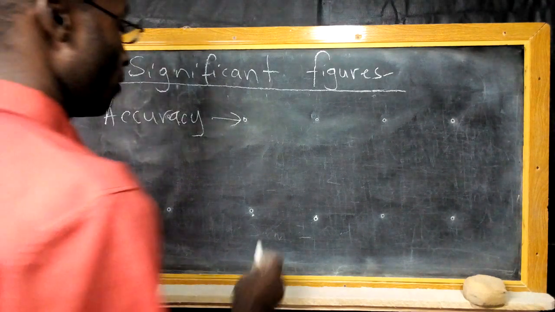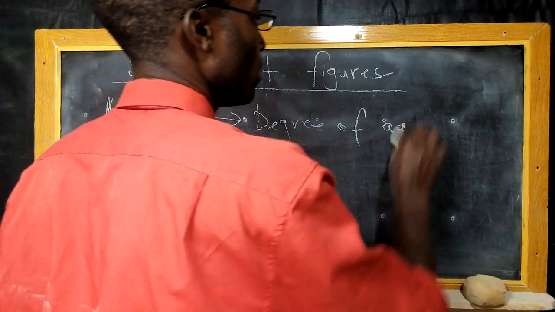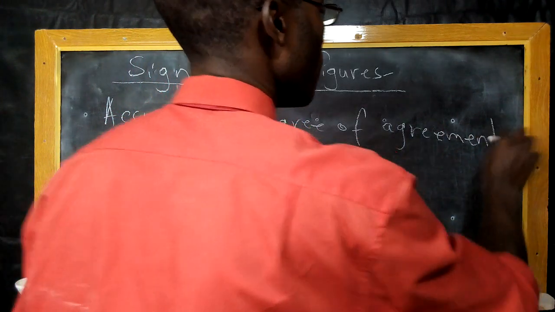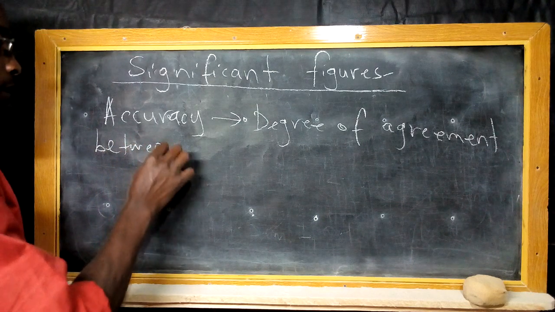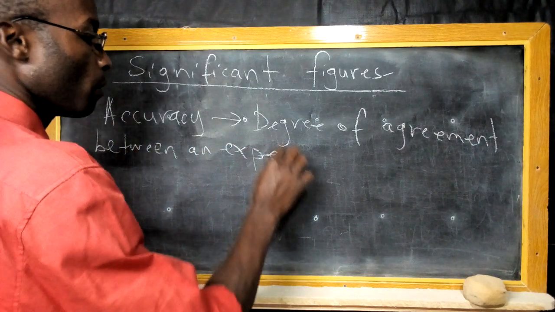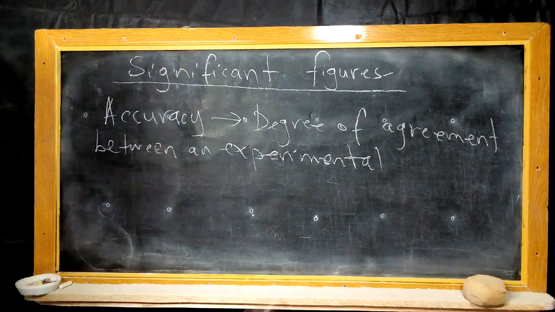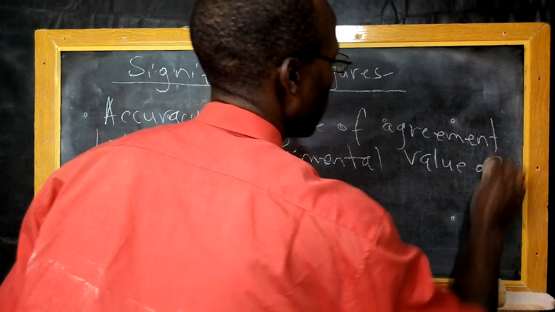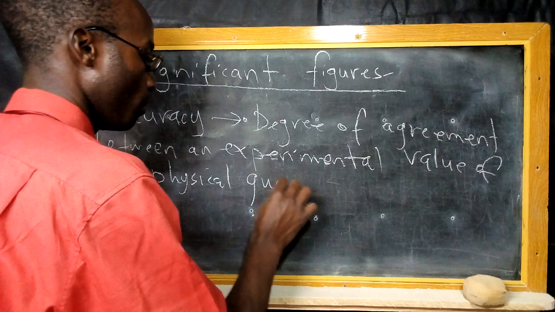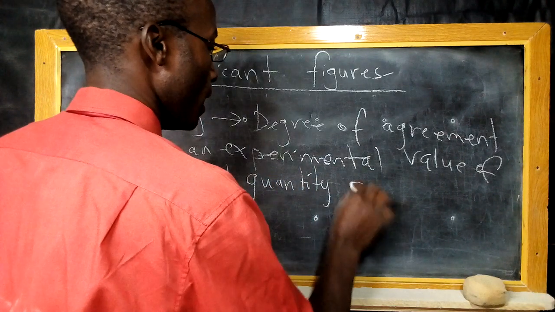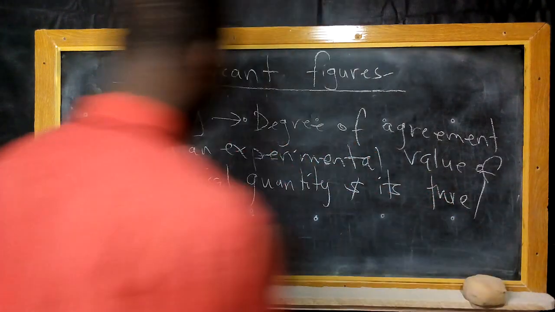So we can define accuracy as the degree of agreement between an experimental value of a physical quantity and its true, or corrective, value.